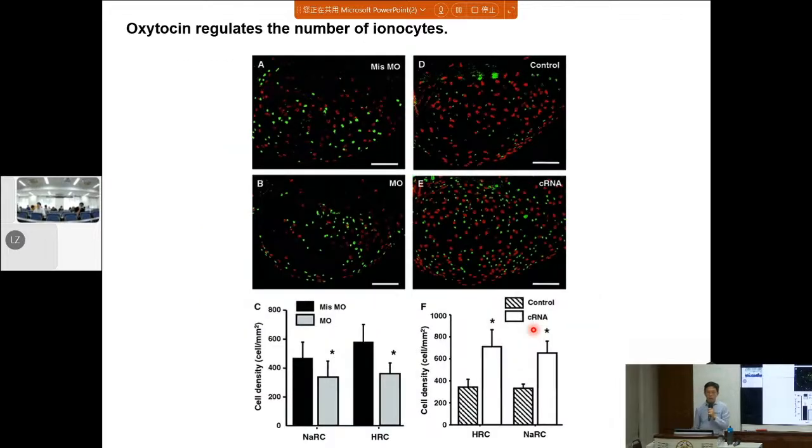The numbers of the ionocytes are all decreased by the knockdown of the oxytocin gene, but increase after we inject the cRNA, messenger RNA, into the embryo. This indicates that oxytocin can regulate the number of the ionocytes.